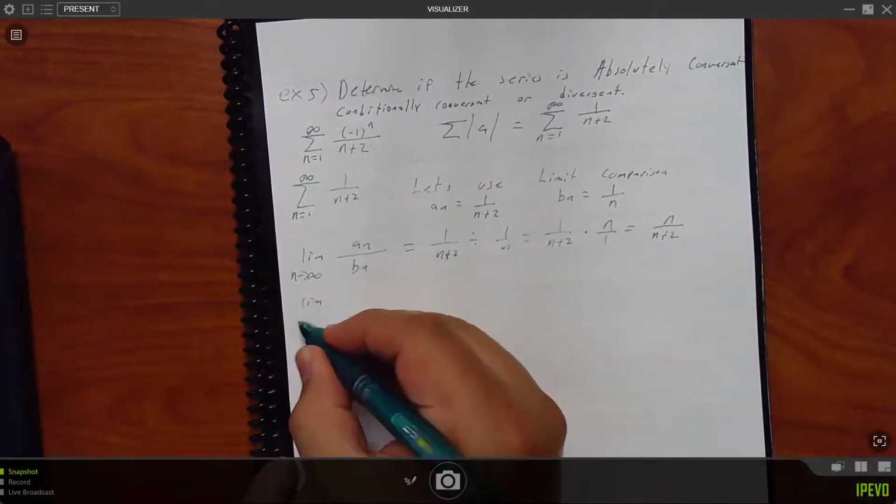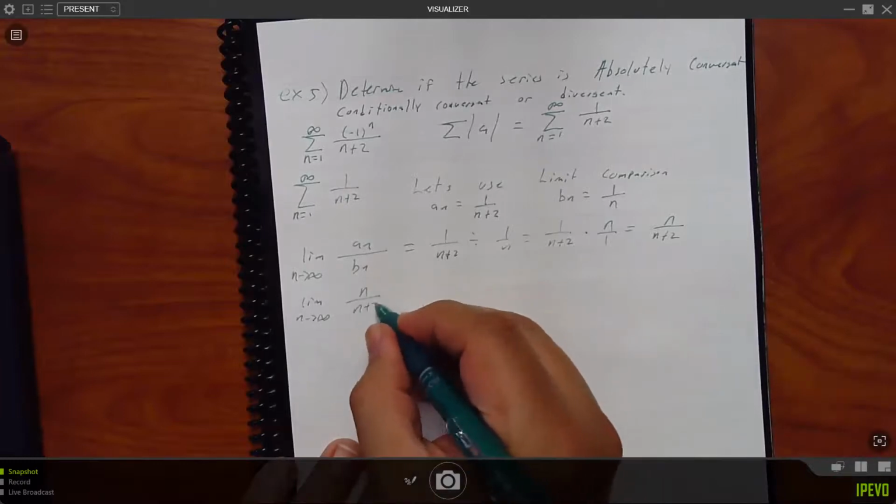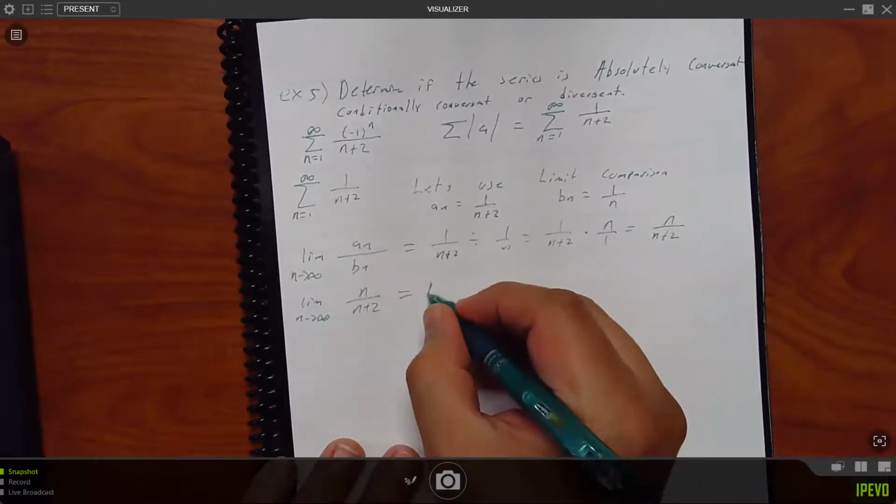Now let's take the limit. So that will be n over n plus 2, which is equal to 1. Right?